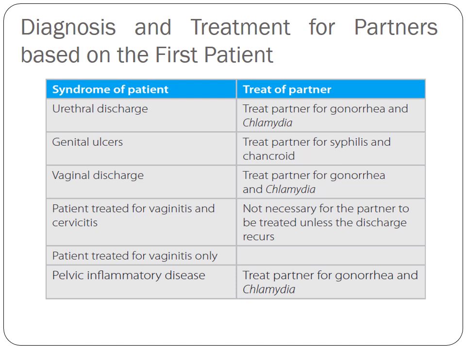If the patient has a condition of vaginal discharge, we have to treat the partner for gonorrhea and chlamydial infections. Or if the patient is treated for vaginitis or cervicitis, it is not necessary for the partner to be treated unless the discharges recur. And for PID, the partner is again treated for gonorrhea and chlamydia.